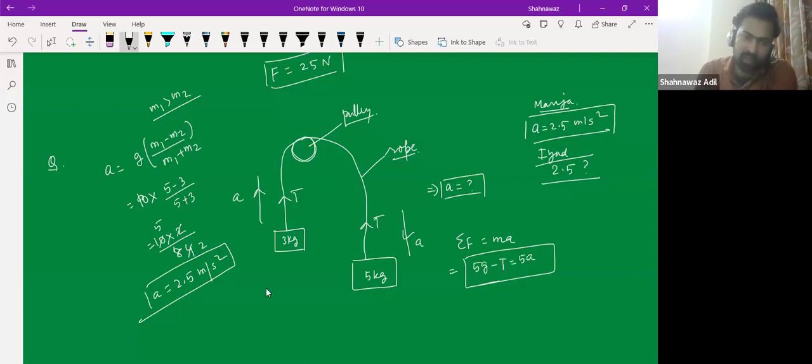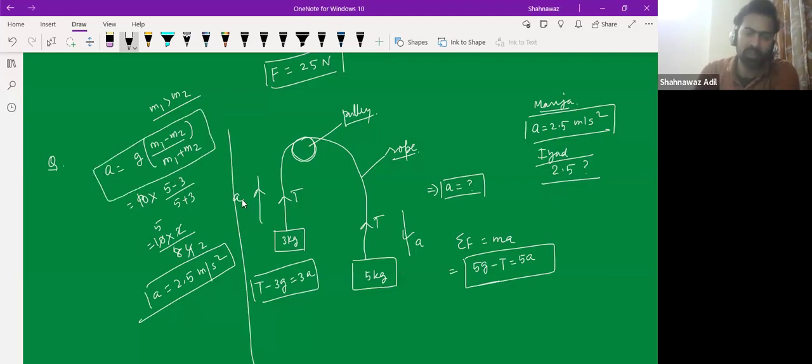In this part, we have T minus 3g equals 3a. So if you use Newton's law, you will get this answer. But this is the formula that we get if we solve these two equations. So either you use this or you can apply that. This is universal, this would always be true. But it may happen that this is not true sometimes.